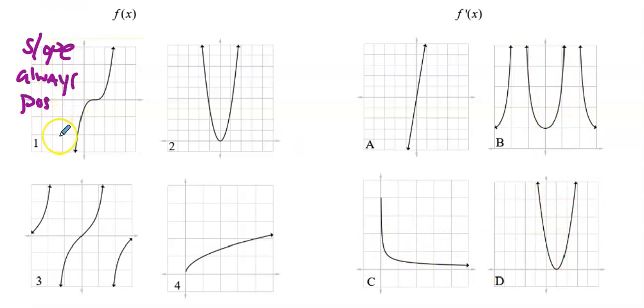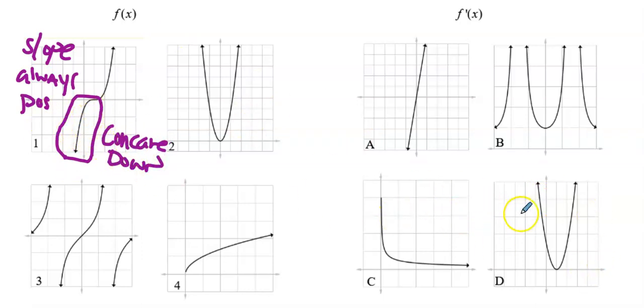What I also noticed is that if you look at this part right here, this graph is concave down, which is our second derivative, which means that the first derivative slope has to be negative.